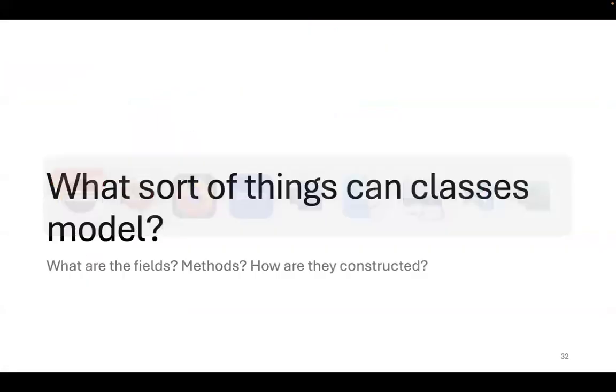And so in your groups, I'd like you to write on the board as you brainstorm what sort of things can classes model. What sort of things can you represent in a class? In particular, what would the fields be? What would the methods be? And think about how you would construct them. Is that clear? All right. I'll pause the recording and distribute markers, and then we can go for it.